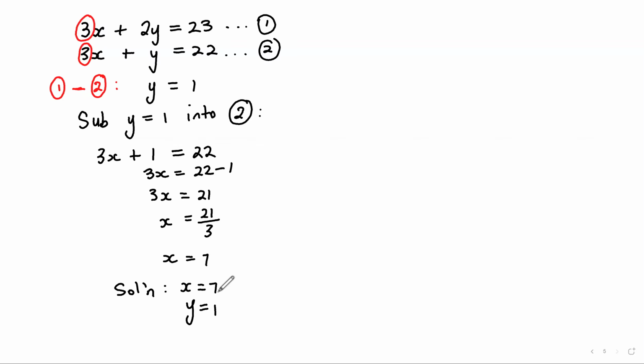And to check that my answer is correct, I substitute x is 7 and y is 1 back into the original equations. So that would be 3 times 7 plus 2 times 1. Well, 3 times 7 is 21, and 2 times 1 is 2. 21 plus 2 is 23. So it works out in the first equation.